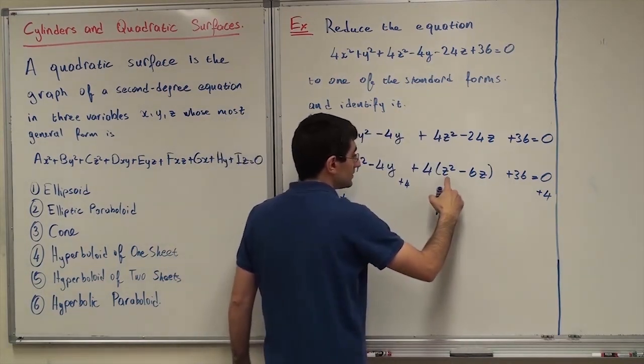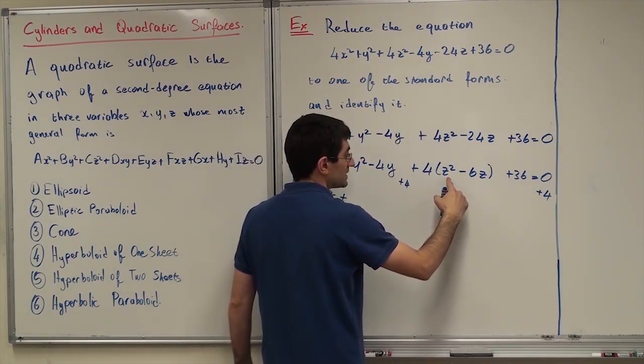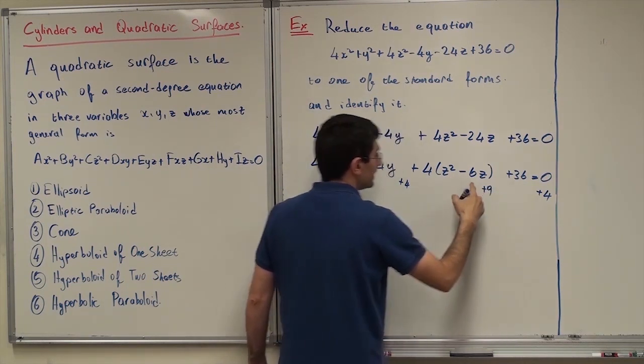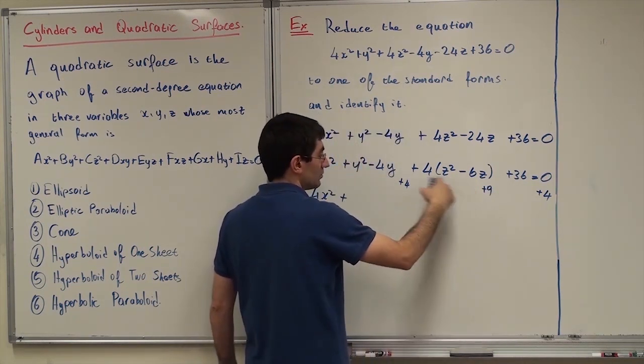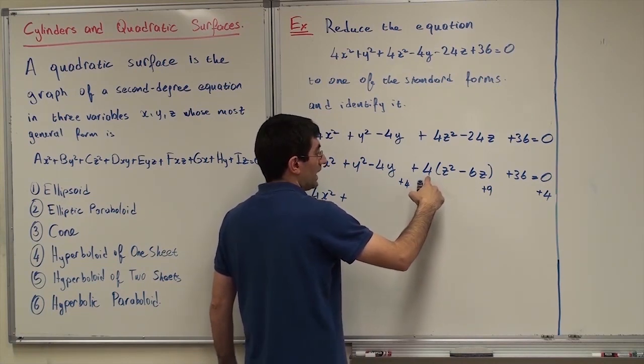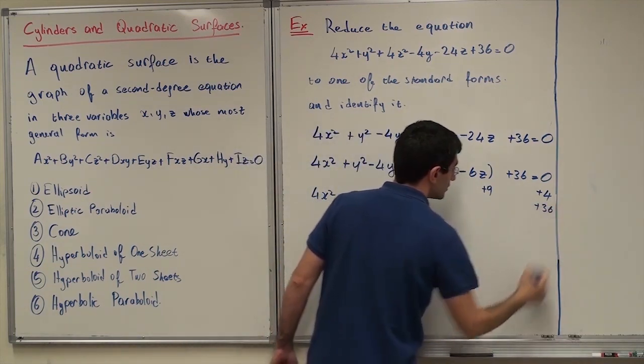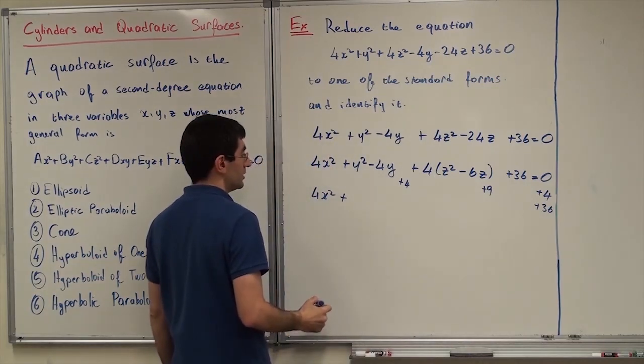And to complete the two terms z squared minus 6z into a parenthesis squared, I need to add 9 inside the parenthesis, which is under 4. It will be as if I have added 36 to the left side of the equation. So I'm going to add also 36 to the right side of the equation.